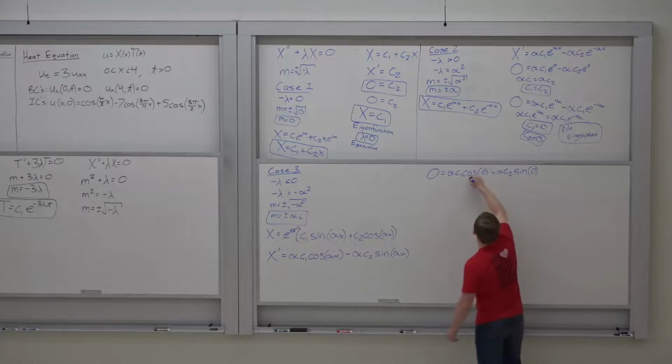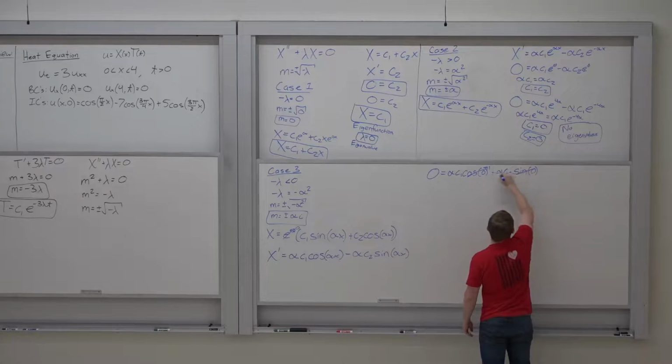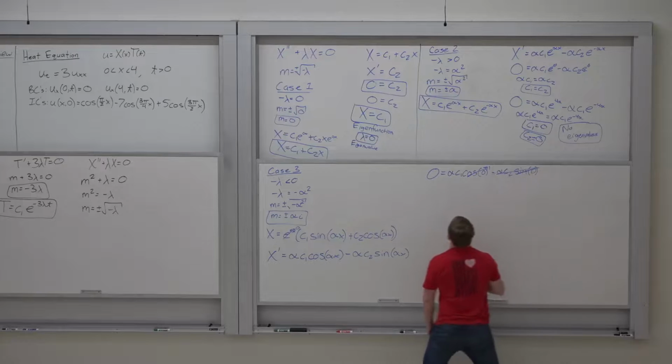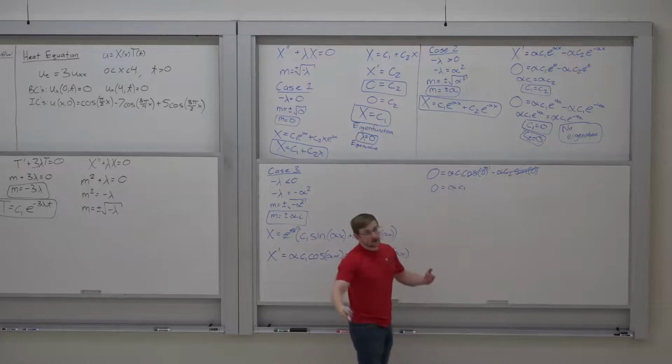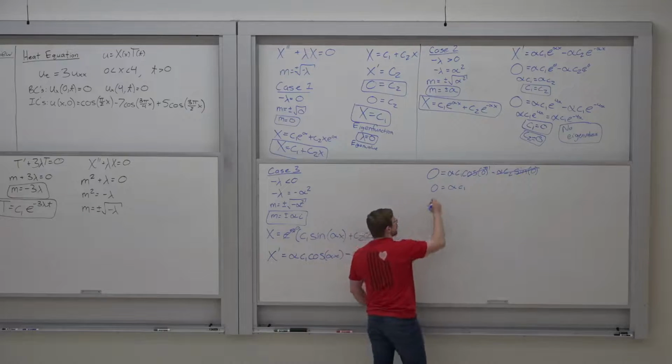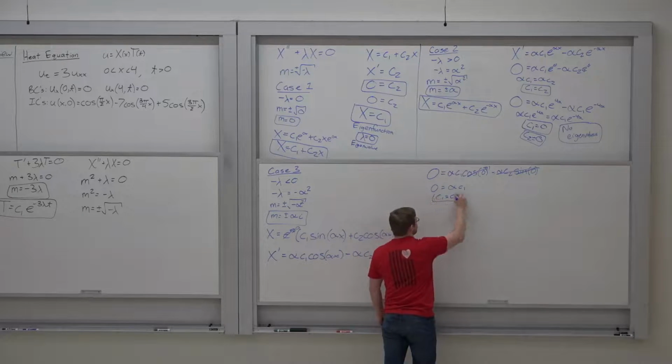Well, I know that cosine of 0 goes to 1, and I know that sine of 0 goes to 0, so that whole second term goes away. 0 is equal to alpha C1. I know that alpha can't be 0, so I know that C1 has to be 0.